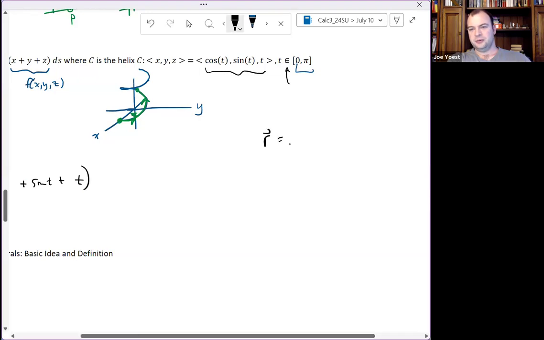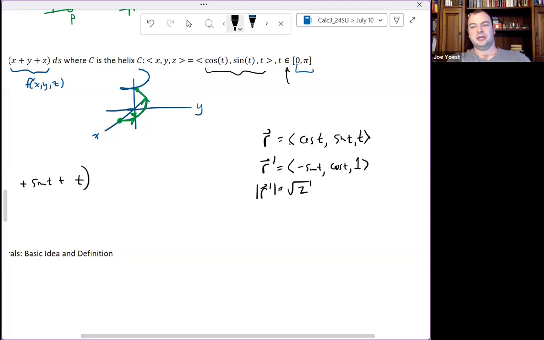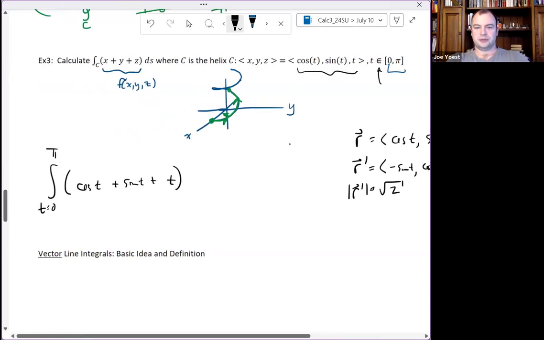I have r equals (cos t, sin t, t). R prime is then (-sin t, cos t, 1). The length of r prime is, nicely enough, just the number square root of 2. We get sine squared plus cosine squared, which makes a 1, and then plus 1 from the third component makes 2 under the radical. So ds is just square root of 2 dt.